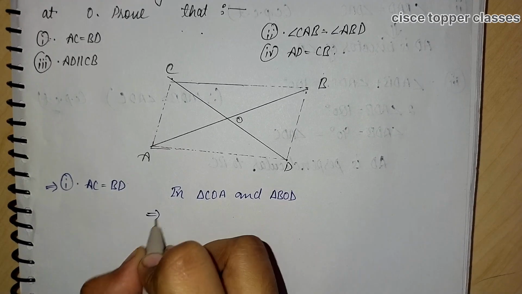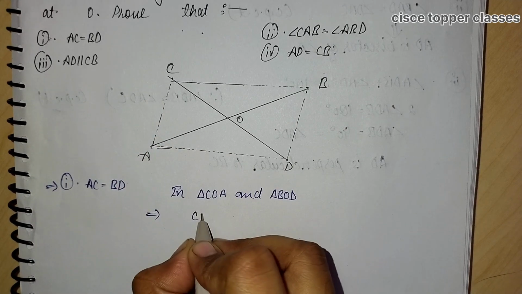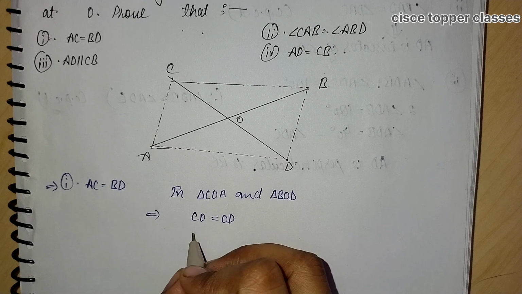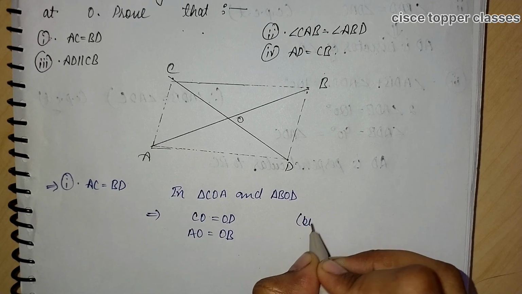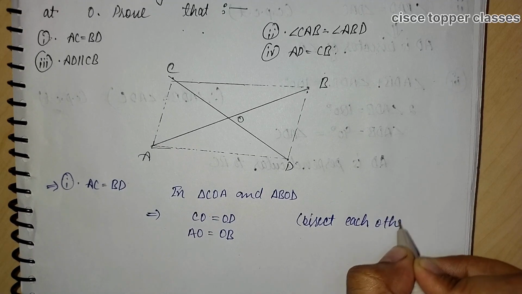We have CO is equal to OD because they bisect each other at O, and AO is equal to OB because they bisect each other at O.